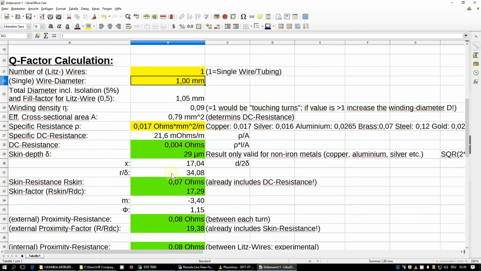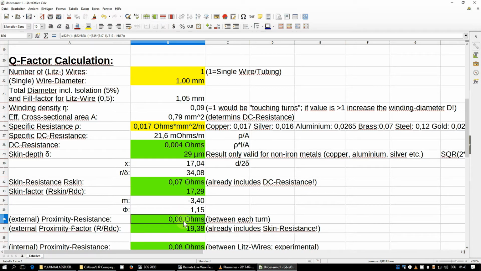external proximity effect have. Now the DC resistance is 4 milliohms, so that can be neglected, but the skin effect increases this to 0.07 ohms, including already the DC resistance. And because we have spread our winding over a very large length, the external proximity effect nearly has no effect.